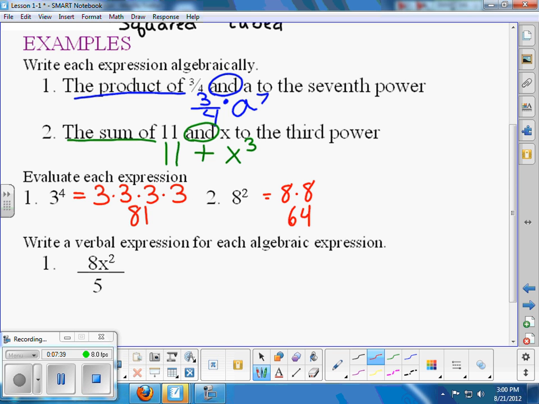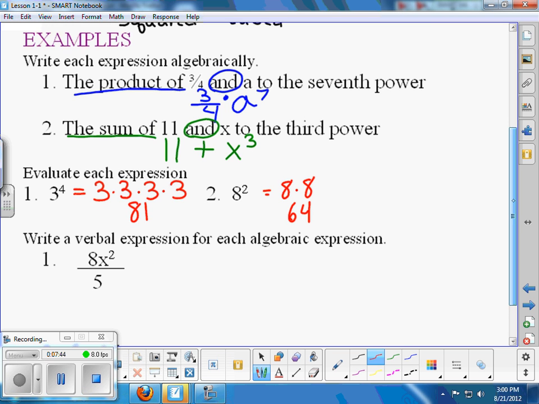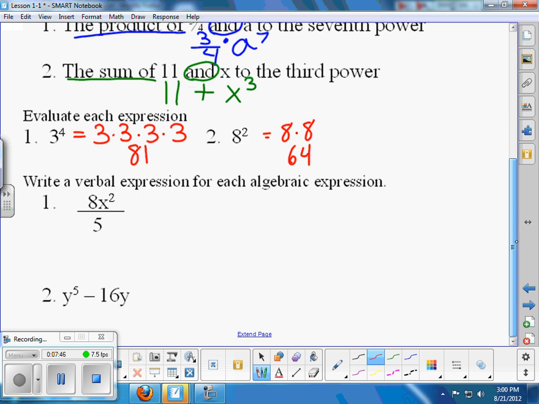Easy peasy. In the very last 2 examples, we're asked to write a verbal expression for each algebraic expression. Remembering here that verbal expressions just mean write it out in words. So if I read the problem out loud to you, I've basically given you the answer.